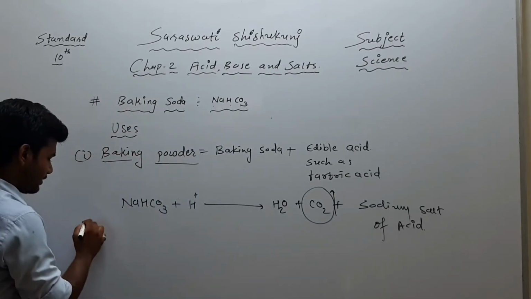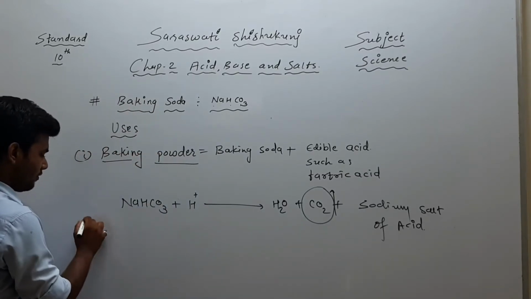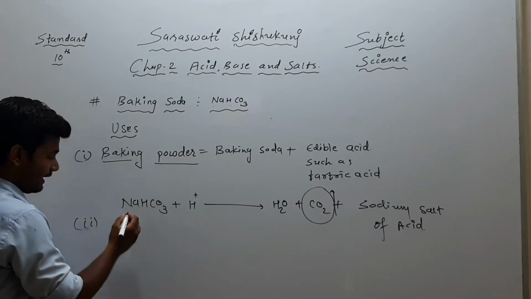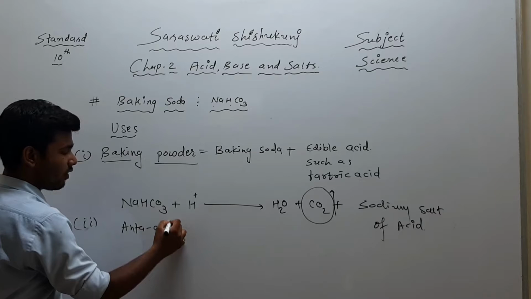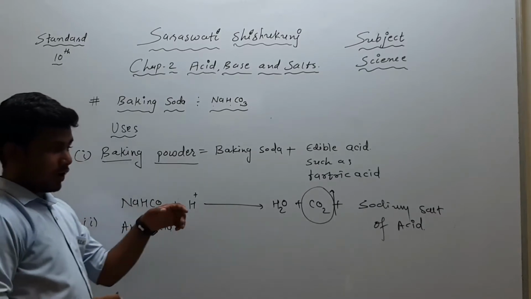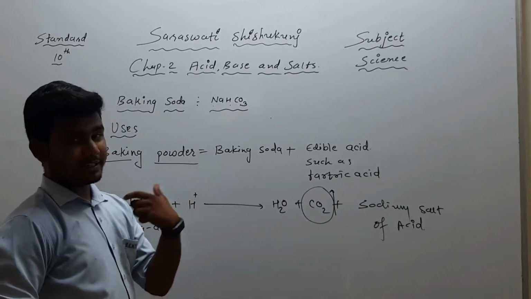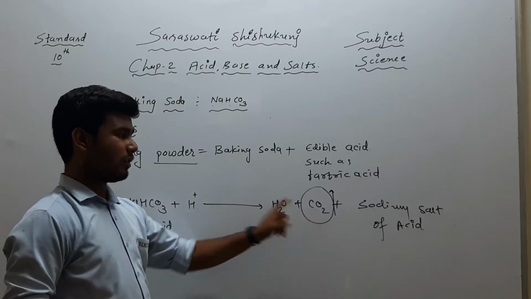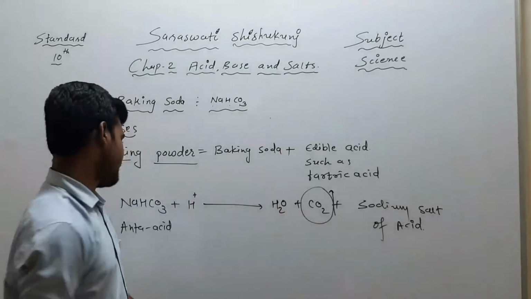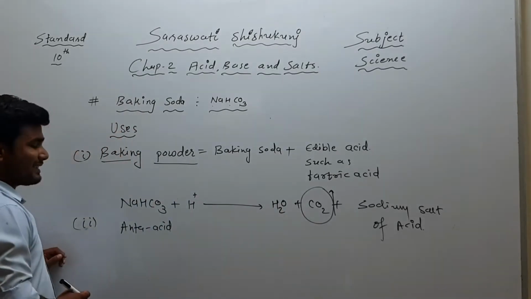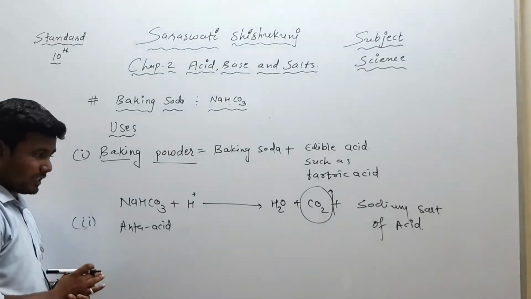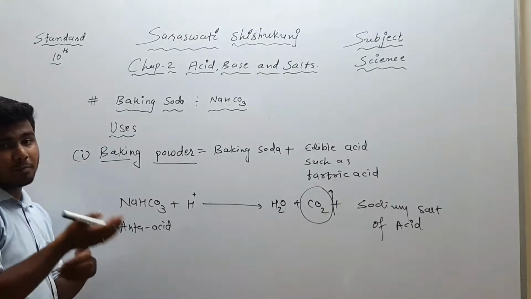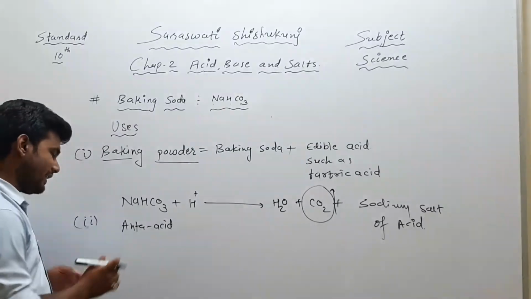The second use of baking soda is as an antacid, that already we discussed. Also we discussed that the pakoras become crispy. In that also this first reaction is responsible. It works as an antacid, which gives relief from acidity and neutralizes the excess secretion of acid in the stomach.